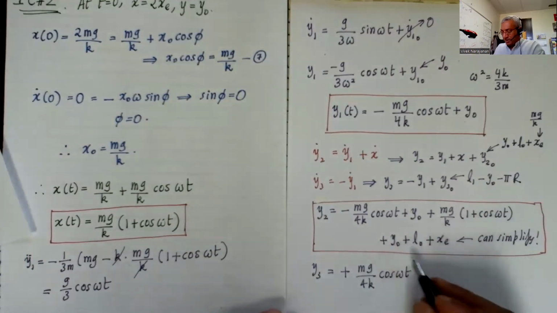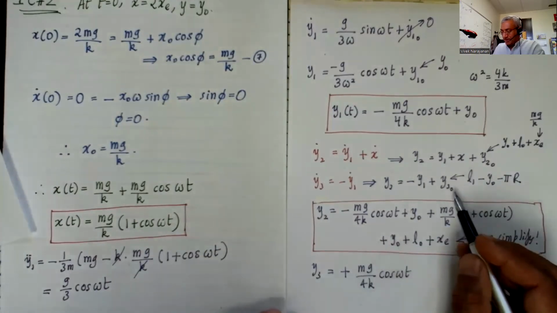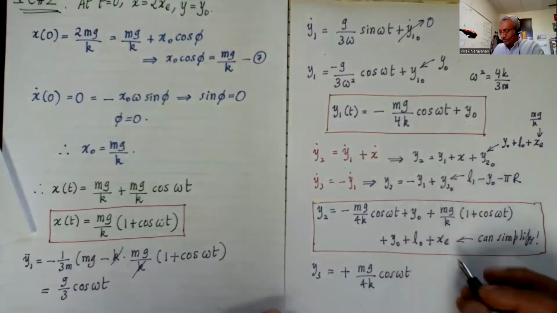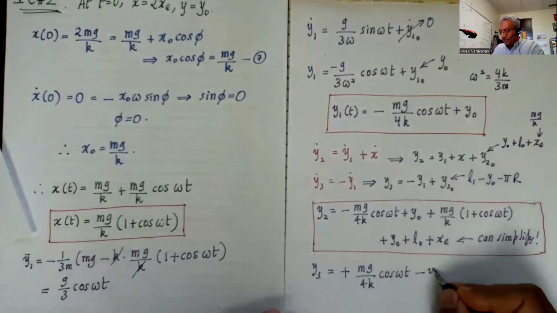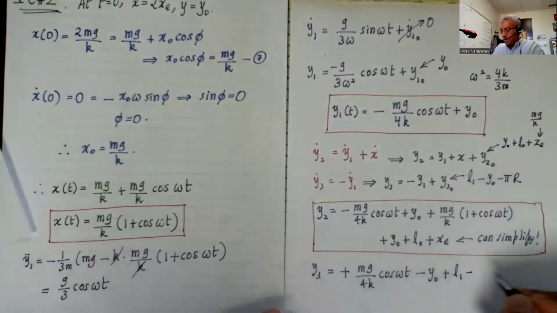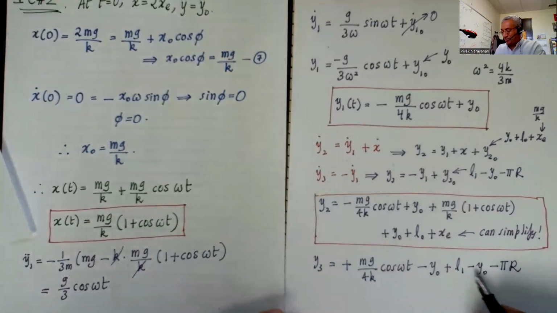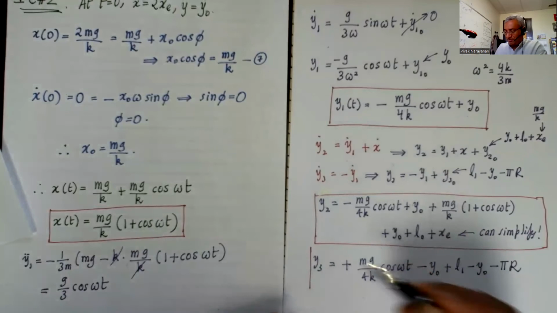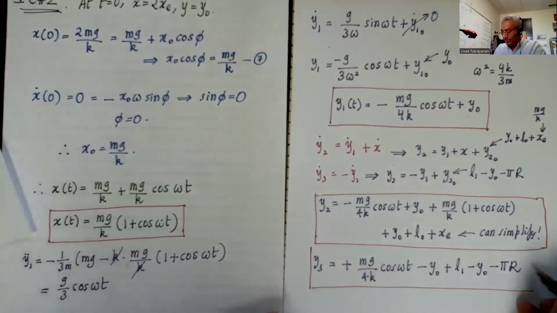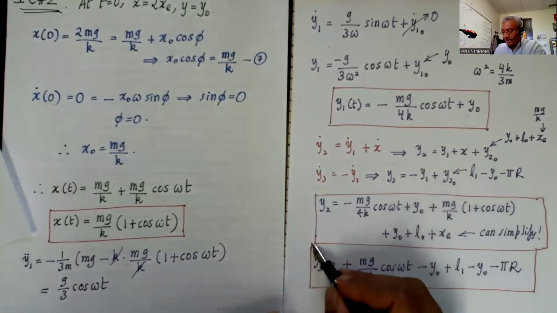But minus y naught will cancel with, well, actually it won't, it will add. So I'll write minus y naught plus L1 minus y naught minus pi r. And again, you can simplify that. The only simplification you can do here is to add the two negative y naughts and make it 2 y naught. So not much of a simplification. It's almost the final answer.